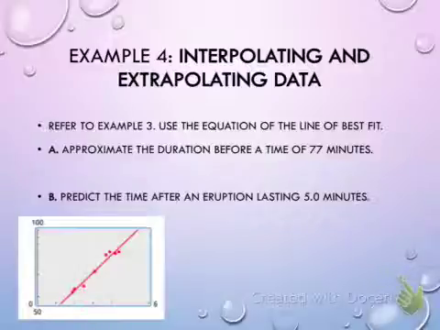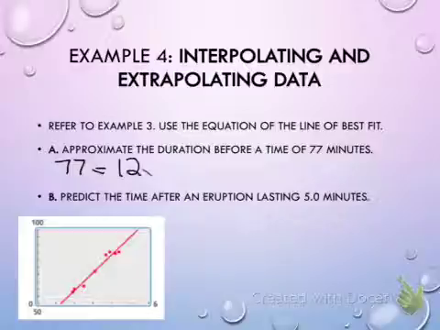If we're looking at the example we just finished, we're going to use the equation of the line of best fit to first approximate the duration before a time of 77 minutes. To do that, we're going to plug 77 in for my y, and solve for x.